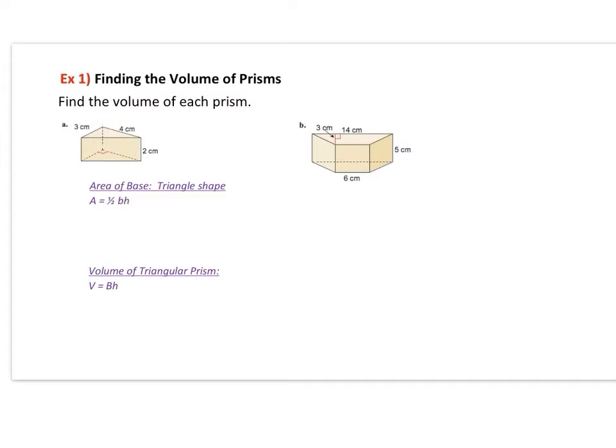So those are the numbers I plug in and get an area of the triangle of 6 square centimeters. Therefore, capital B is 6. So I will use that value in my volume. And I know that the height of my prism is 2. So 6 times 2 is 12 cubic centimeters.